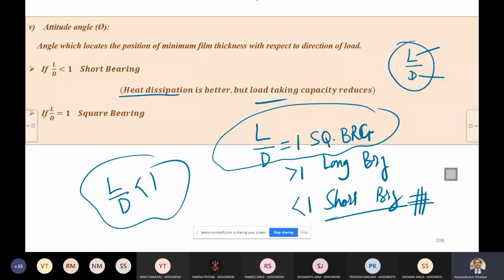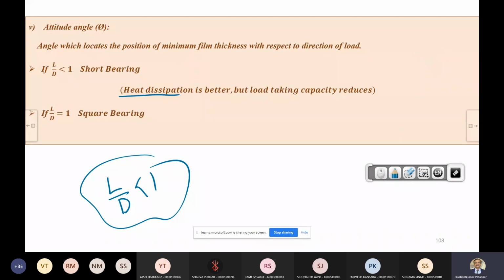If the L by D ratio is greater than 1, there will be unnecessary wastage of a lot of lube oil. So to make optimum use of the lube oil, we take the L by D ratio equal to 1. Is this clear?